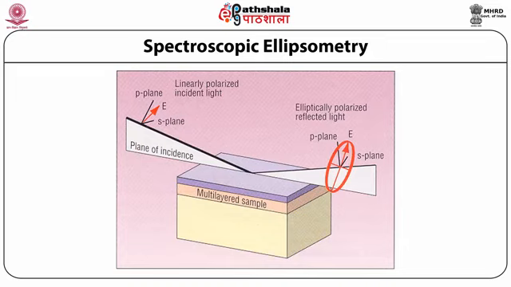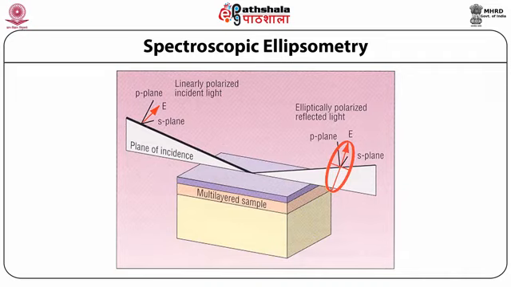Now the basic principle in ellipsometry is shown in this figure, where a monochromatic plane light wave is directed at the surface at oblique incidence. The plane of incidence is defined as the plane perpendicular to the surface and containing the vector which points in the direction of propagation of the light wave.